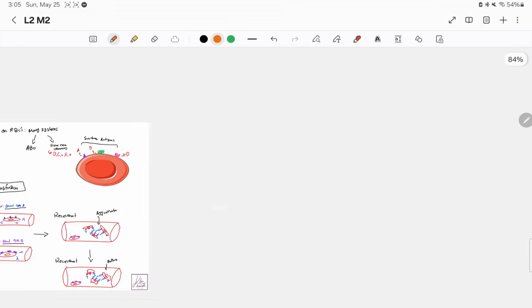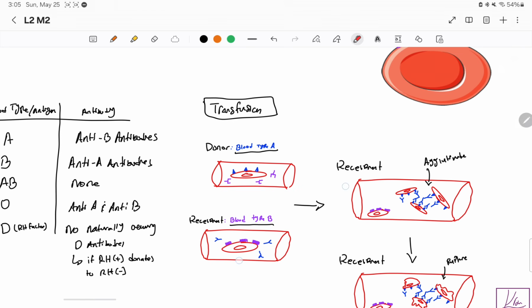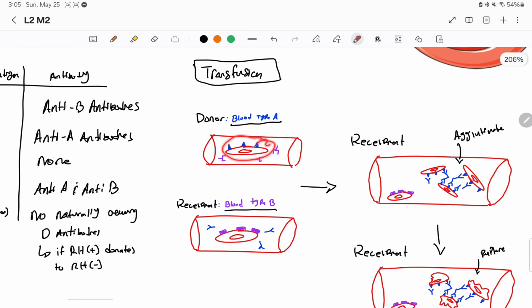Well, remember how I said that over here, this guy has A antigen, right?